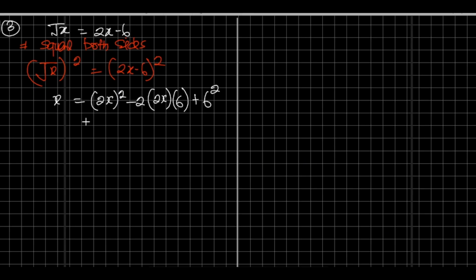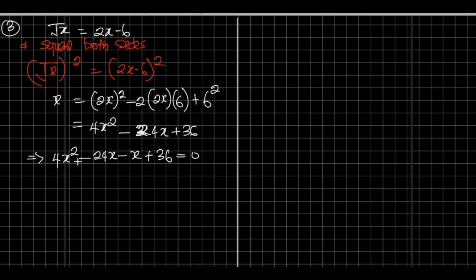okay? And then if we simplify this, we have 4x squared minus 2 times 2, 4, 4 times 6 is 24, 24x plus 36. So if we collect like terms, we have 4x squared minus 24x minus x plus 36 equals 0.